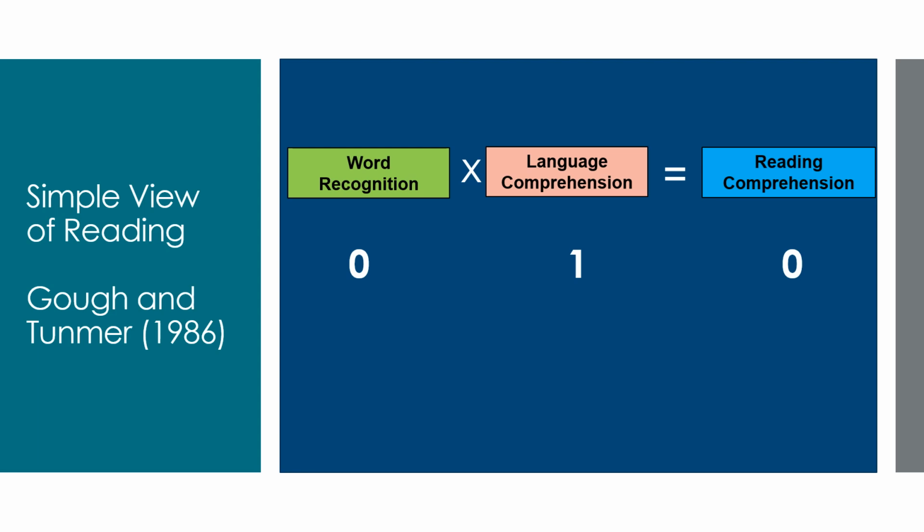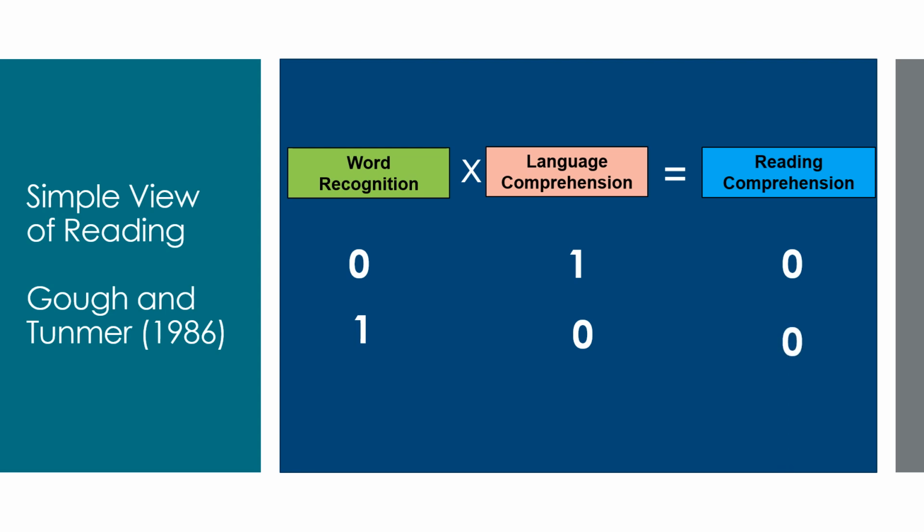Another student may be a strong decoder and has a value of 1 in word recognition, but weak in the area of language comprehension, a value of 0. 1 times 0 is still 0.